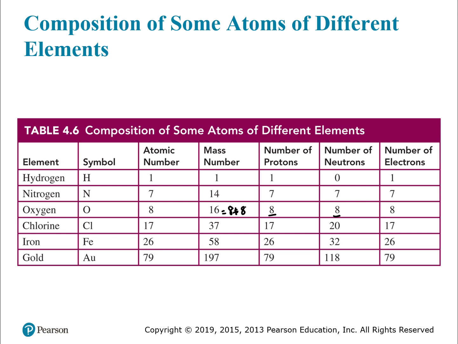There are also 8 electrons in a neutral atom of oxygen. So if you take these two columns and you add the two numbers, it equals the mass number. It's just another visual for you to see that.